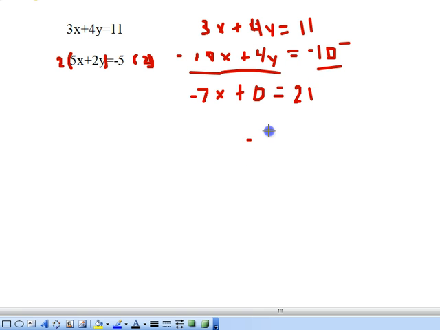And then you bring that down, negative 7x is equal to 21. Okay, and then we want to isolate the variable, so divide by negative 7 on both sides, so x is equal to negative 3.